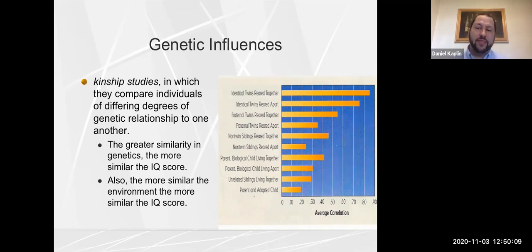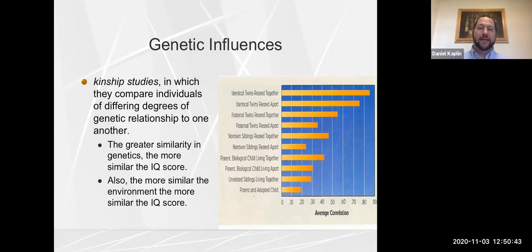So if we look at this graphic, I think it tells a beautiful story. I think it tells you the story of both nature and nurture. So let's look at the first of each two pairings. So if we were to look at number 1 to number 3, 3 to 5, 5 to 7, and so forth, what we tend to see is the genetic similarity in IQ of identical twins is much greater than fraternal twins.